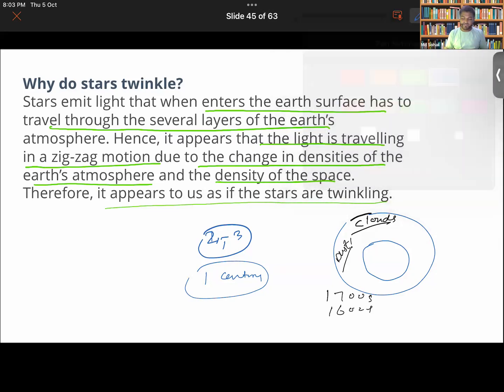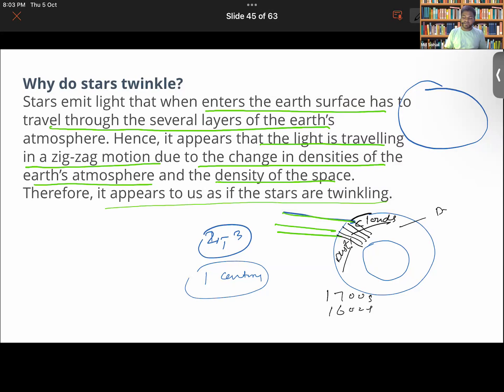So here's the thing: what happens? This here is the layer of the atmosphere. Suppose these are the light rays coming from the far star. When it enters here, it starts to bend here. The light rays start to somewhat bend because the density of the atmosphere is more here.